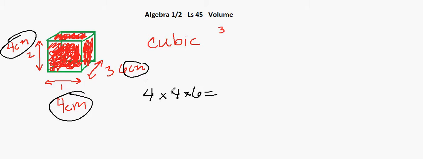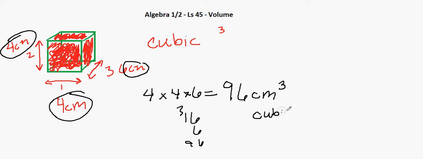Equals 16 times 6, 96. How do I label that? Cubic centimeters, or you could say cubic centimeter, but you probably won't do it that way.